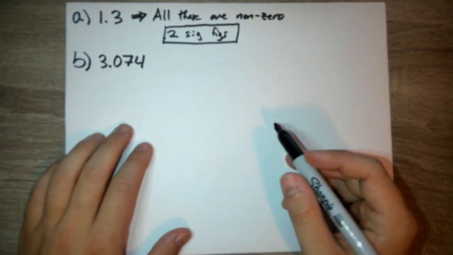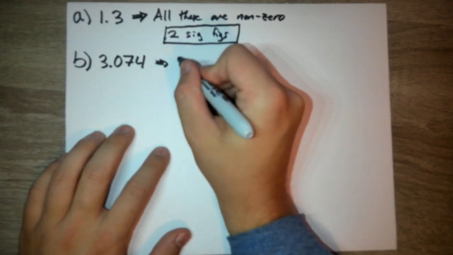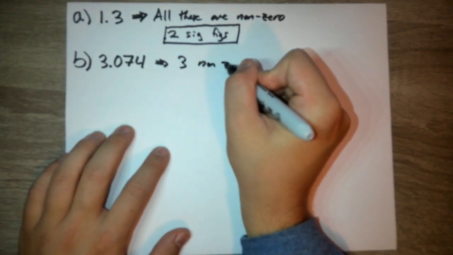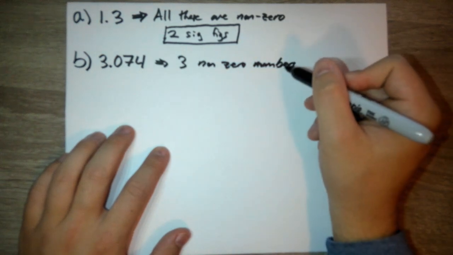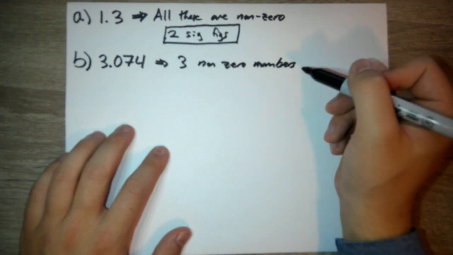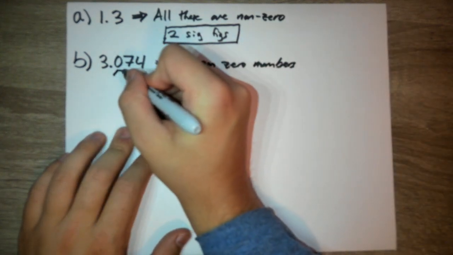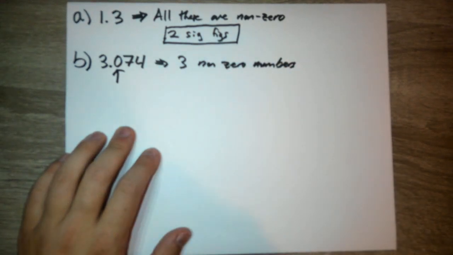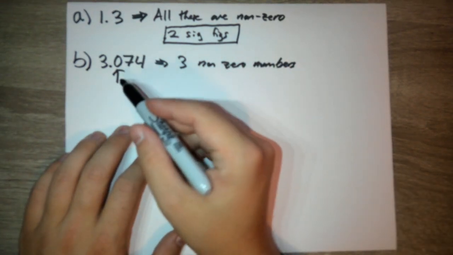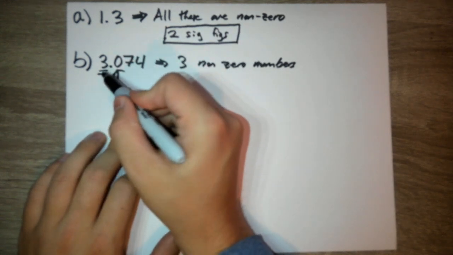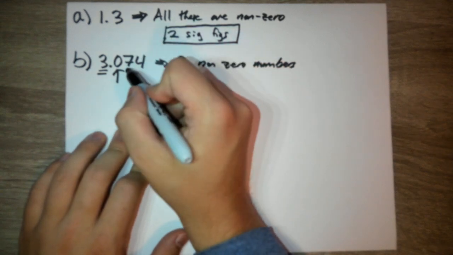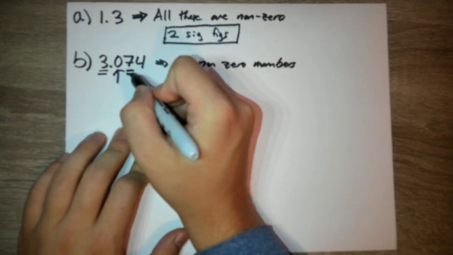3.074. So we've got 3 non-zero numbers. So we have at least 3 significant figures, we know. And then we have a 0 here. So now we have to say, okay, what kind of 0 is this? Is it a leading 0? No, because there's a number here. Is it a trailing 0? No, because we have a number here.